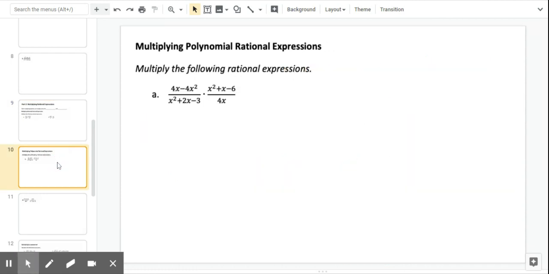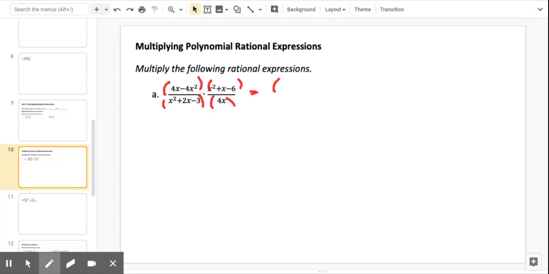Okay, so next one. Now these are polynomial rational expressions. So those were monomials that we were dealing with before. These have multiple terms. So the way we're going to do this is we are going to multiply across the top, but I want to put parentheses around everything to keep myself organized.